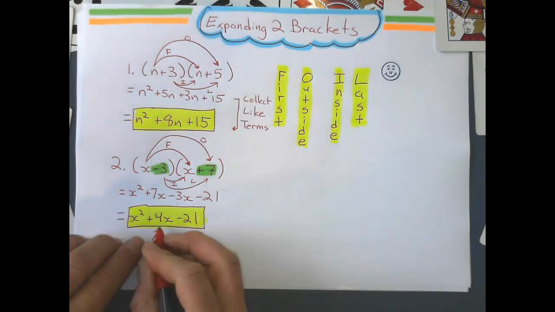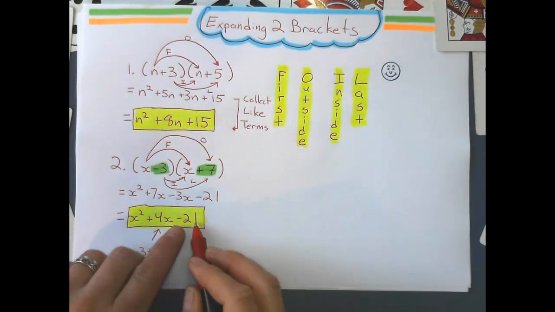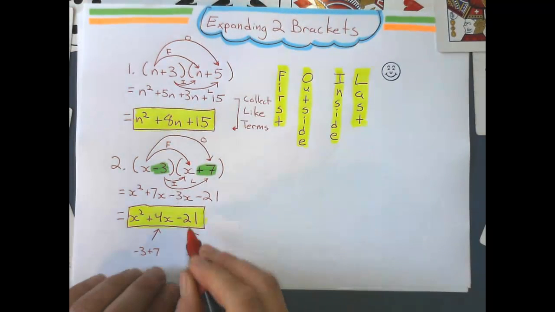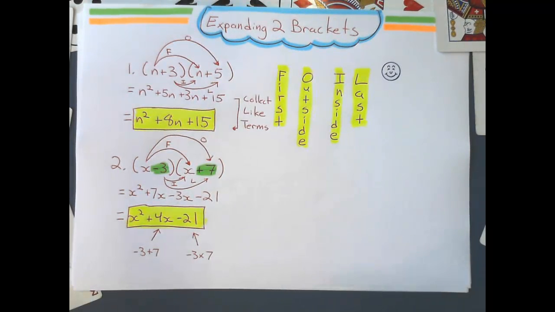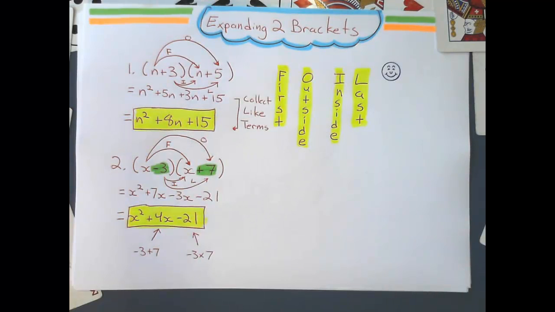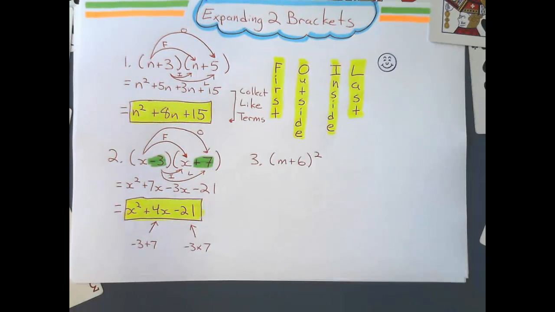Negative 3 plus 7 is 4. And this number will always be the product of those two. Negative 3 times 7 gives me that negative 21. And that'll always be the case as long as there isn't anything in front of those x's. So let's try another example, keeping this in mind, and that's a good way to check it. That coefficient's the sum of these numbers, and this number is the product.